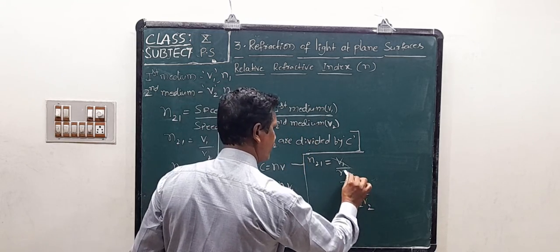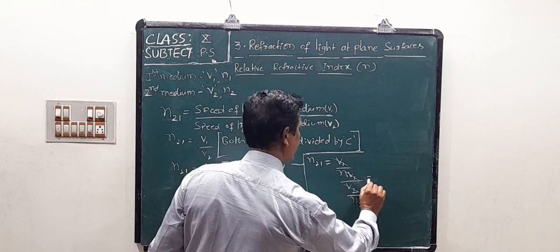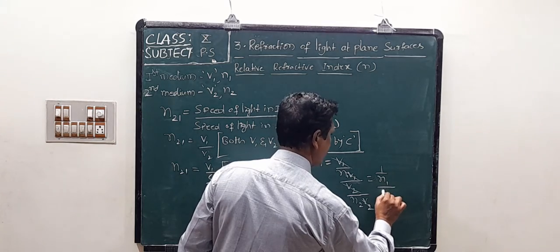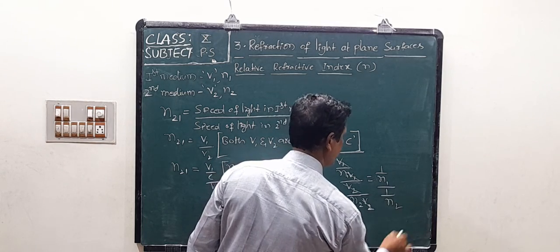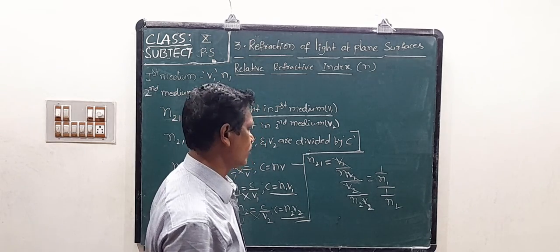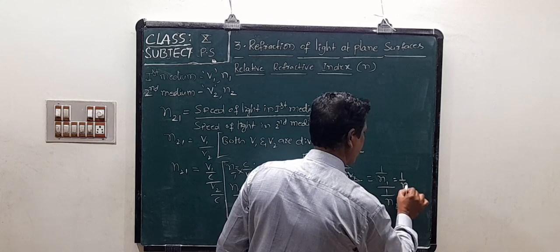Here V1 cancels, and V2 cancels. That equals 1 by N1 divided by 1 by N2.